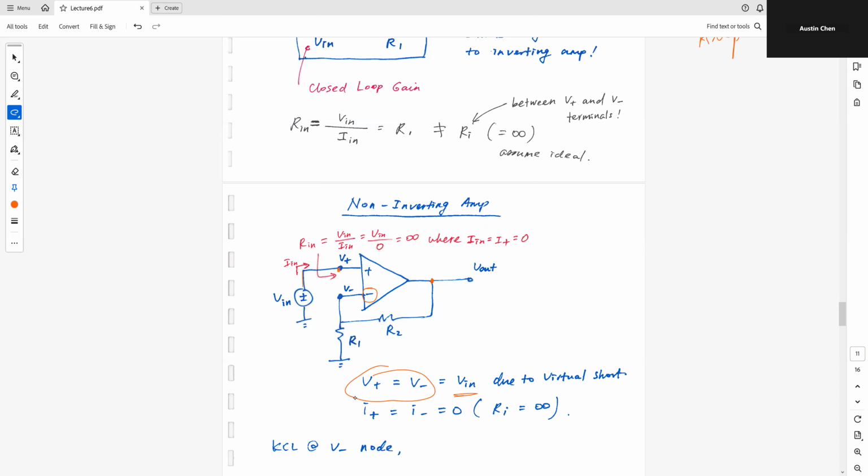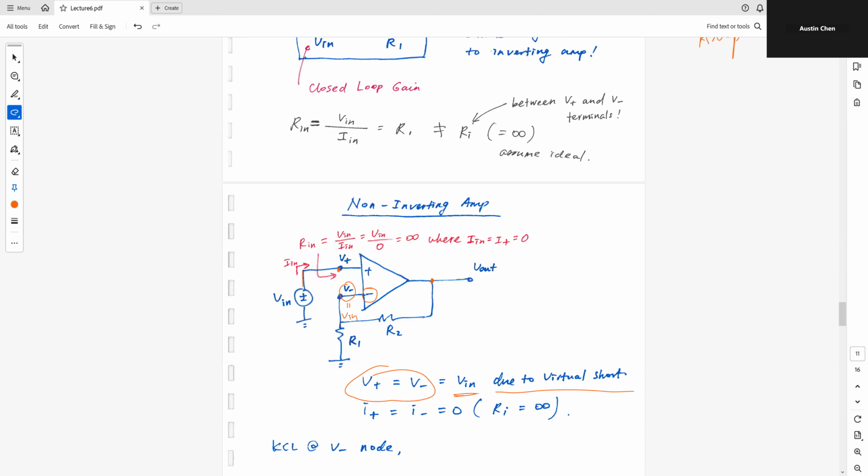So in other words, V minus is also equal to V in, and this is due to the virtual short. If you know how to make use of this property, you can simplify a lot of steps in the process, because V plus and V minus are actually the same. If V plus is equal to V in, then V minus has to be equal to V in as well, and that will simplify your nodal analysis a lot.